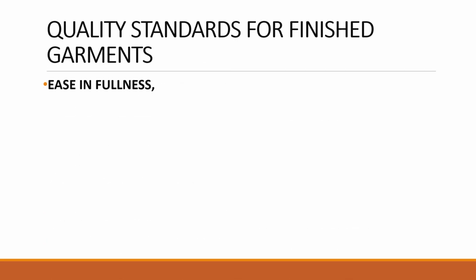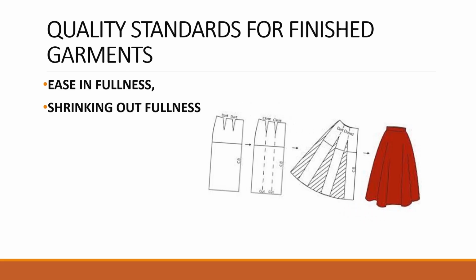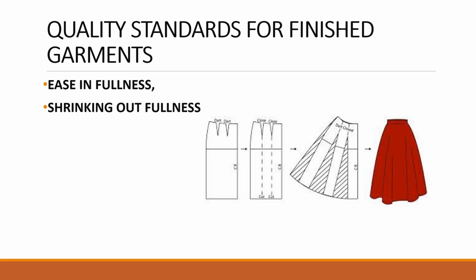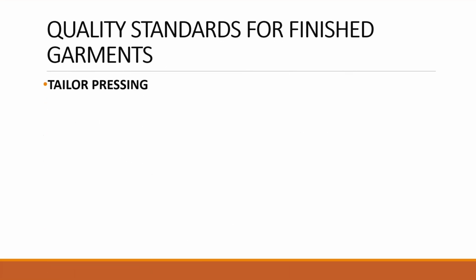Now ease in fullness is another important part of finished garments when you are looking at quality. Fullness of the garment, then shrinkage or shrinking out fullness, is also important. Some garments require this property, the ease in fullness. Those parts are very important in the finished garment. Here also the tailor pressing is another important part.